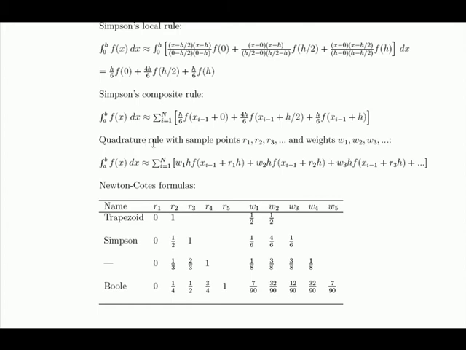In general, if we decide we want sample points r_1, r_2, and r_3, then the quadrature rule would be the sum i equals 1 to n of w_1 h times f at x_{i-1} plus r_1 h, etc. The r's are called the sample points, the w's are called the weights.